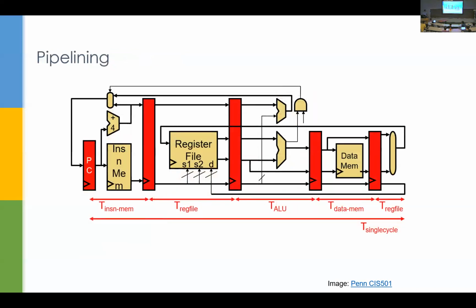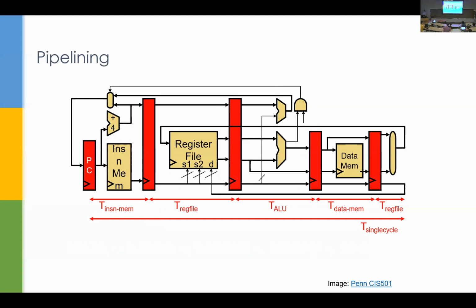If we divide this up, at the instruction level, what we can do is pipeline it. So you can get the program counter in one cycle, the register file in another cycle.